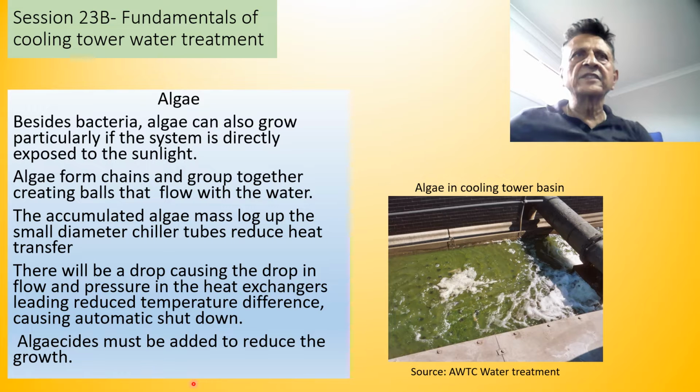In order to prevent algae, it is necessary to add algicides. The picture on the left will show you how bad an algae problem can be, and obviously it can very severely affect the cooling tower system.